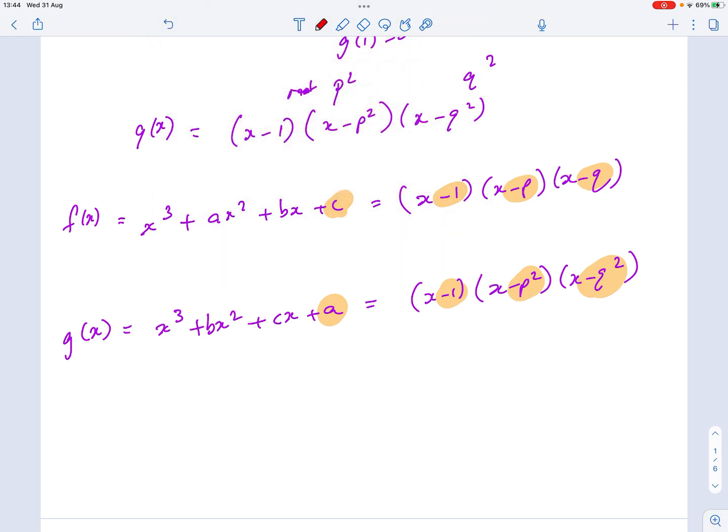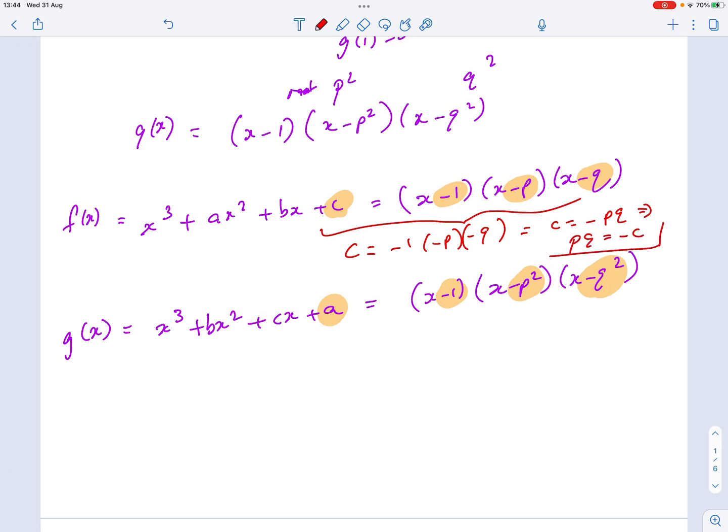From here, c is equal to minus 1 times minus p times minus q. Therefore c equals minus pq, hence we can write pq as minus c.